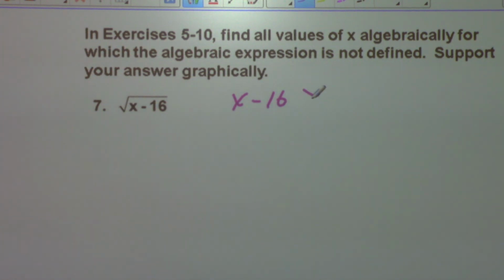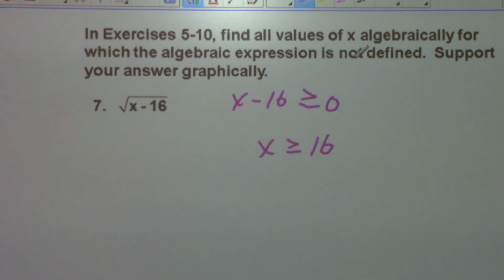Cannot be negative, you can write like this, right? Greater than or equal to 0 means cannot be negative, right? That is correct. So now if we solve this, x has to be greater than or equal to 16. So that's where x is defined, right?